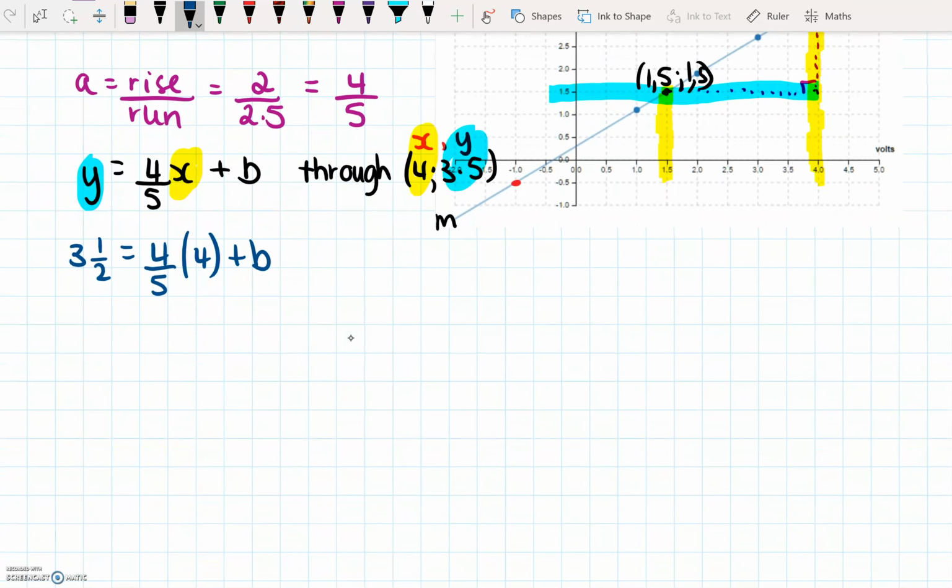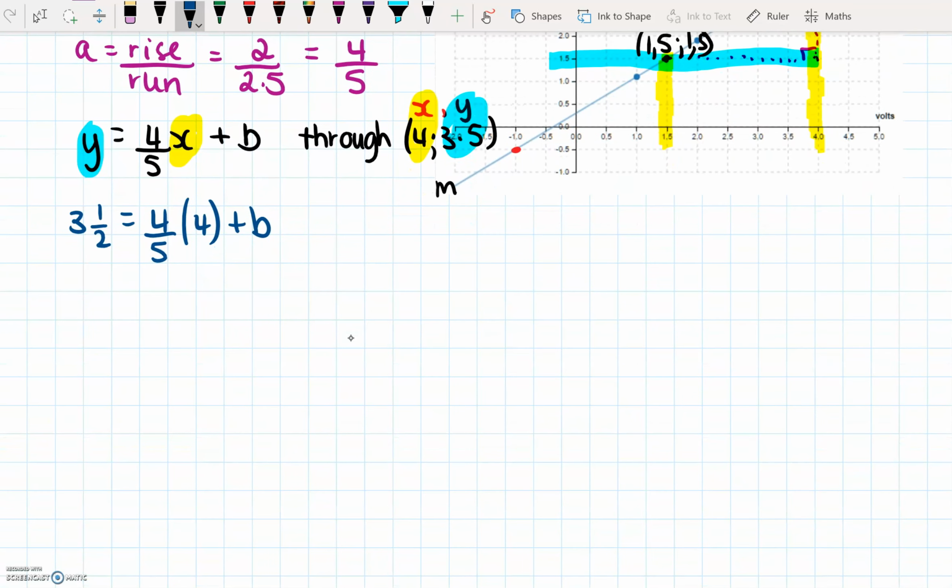All right. Now we're going to simplify this. I always find it easier to work with improper fractions. I don't like 3.5, so we're going to change that to 3 times 2 is 6 plus 1 is 7/2, which is equal to 4 times 4 is 16/5 plus b. Now we've got some fractions.